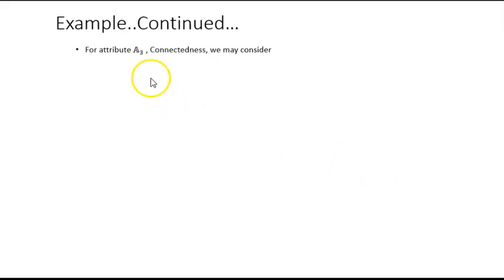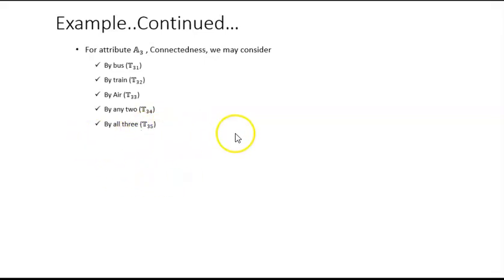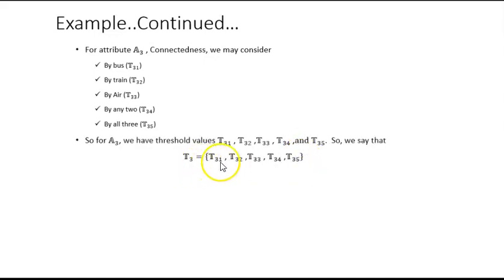Similarly, when you consider the third attribute, we may consider by bus if it is connected to one, by train, by air, any two methods, one more attribute, by all the three, it is C35. Again, we choose the set T3 to be the set of all these, and the scores we assign 2, 3, 4, 5, 6. For example, I chose that if the house is very well connected, I give a maximum of 6 as indicated here.